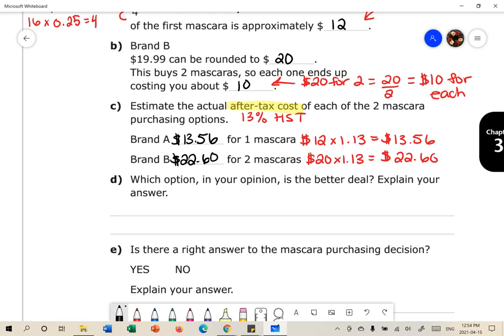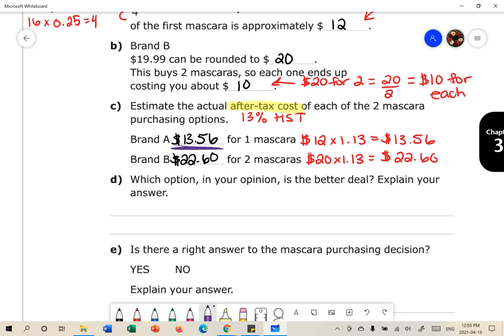Which option, in your opinion, is the better deal? Explain your answer. So for brand B, you're getting two mascaras. So it's hard to compare the price of one mascara to the price of two mascaras. So what I'm going to do is look at the price for just one mascara for each brand. The price of one mascara from brand A is $13.56.